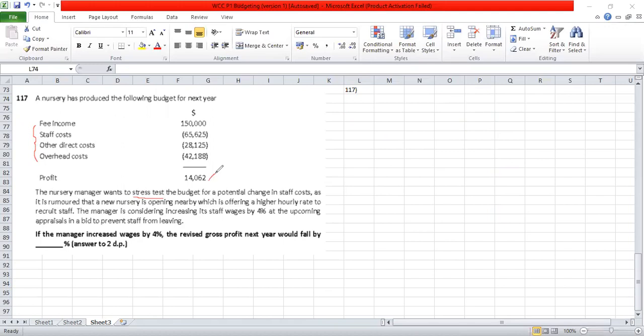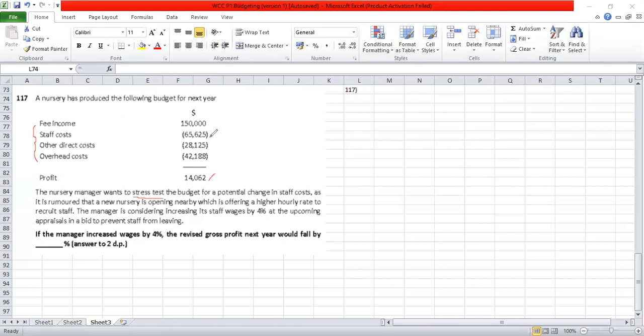If this is the profit they have, it says that the nursery manager wants to stress test the budget for potential changes in staff cost, as it is rumored that a new nursery is opening nearby, which is offering a higher hourly rate to recruit staff. The manager is considering increasing staff wages by 4%.